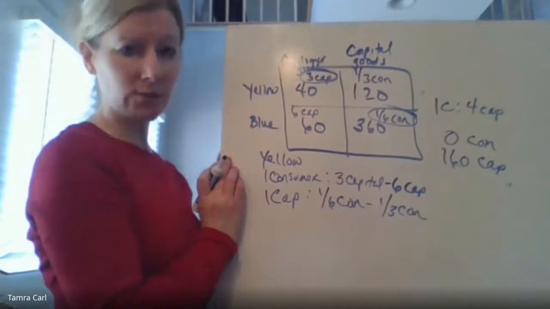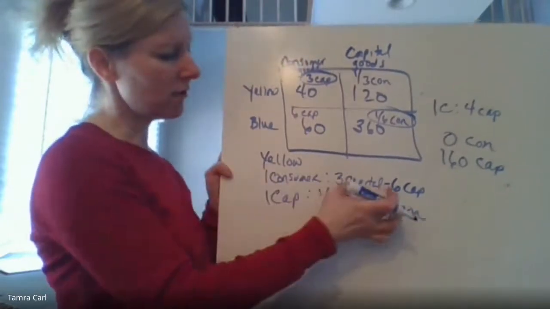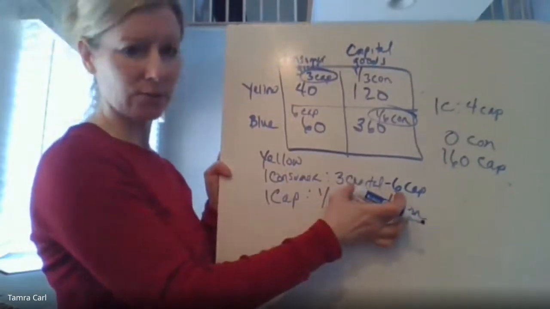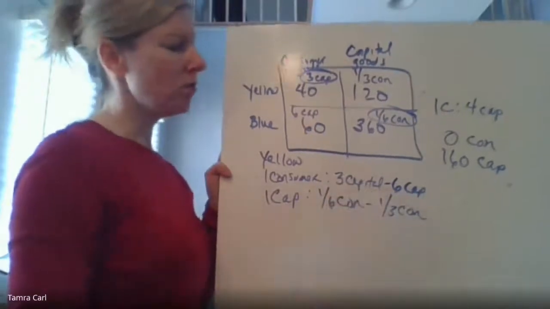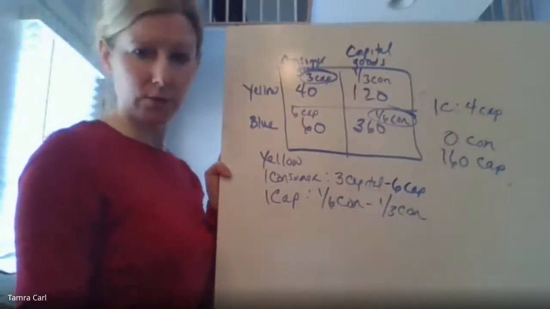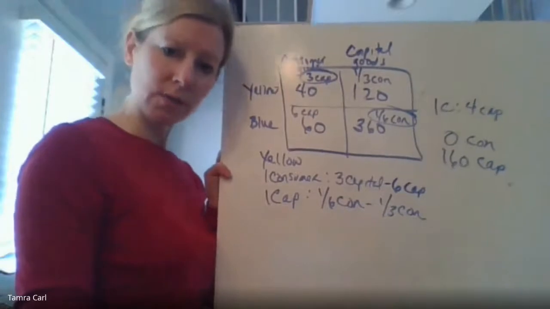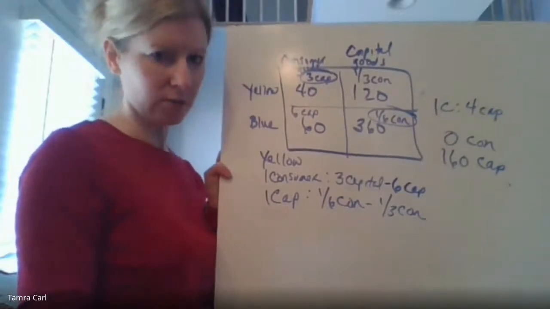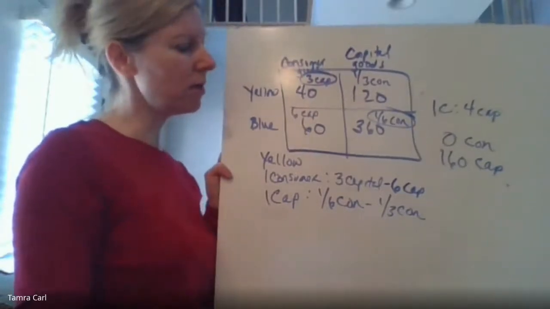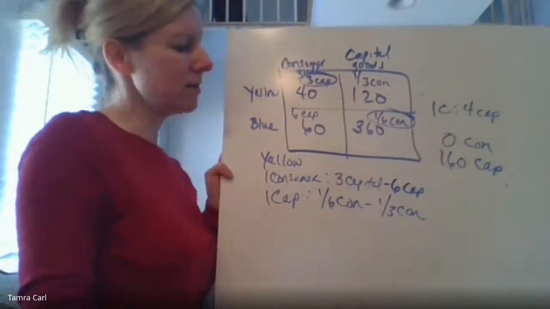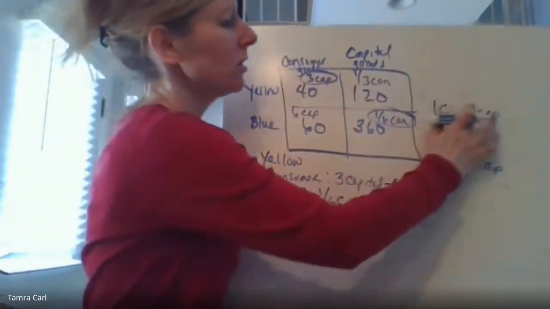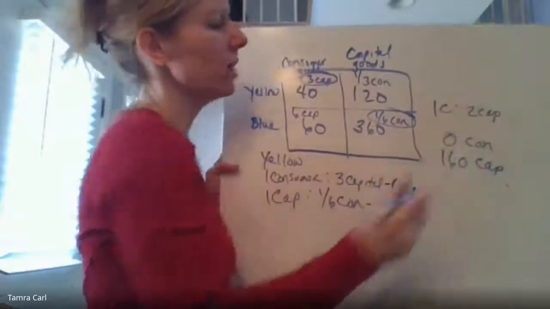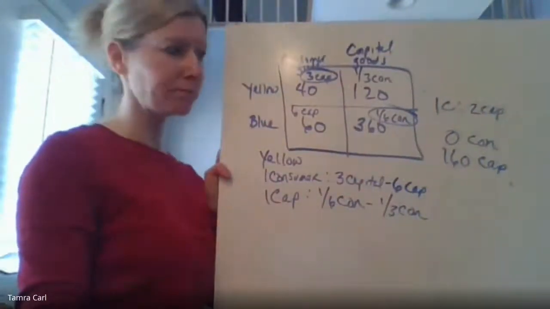The other thing that they're very good at is giving you one that's outside of the terms of trade. And so when a number falls outside of the terms of trade, somebody's going to win and somebody's going to lose. And so in this one here, let's say that they were to do one consumer good is traded for 2 capital goods.